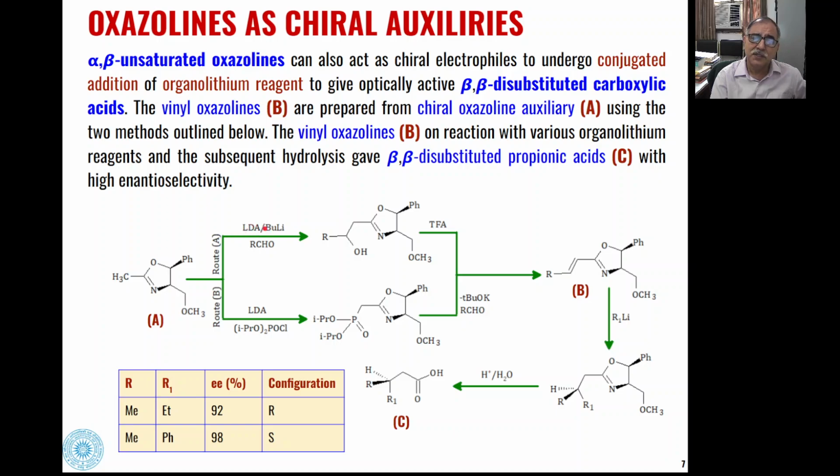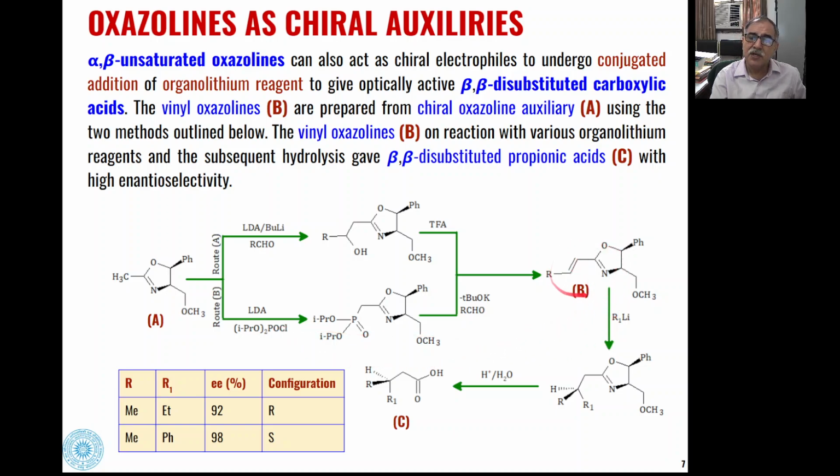First, the 2-methyl oxazoline derivative will react with a base, n-butyl lithium, which will form the enolate, and then this enolate on reaction with aldehyde will undergo aldol condensation, and we will get these types of intermediates, and these intermediates will undergo dehydration at this place to give us these types of vinyl oxazolines.